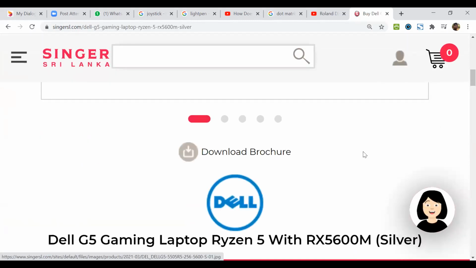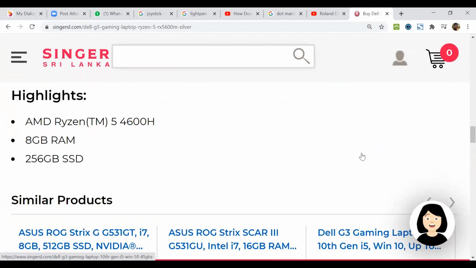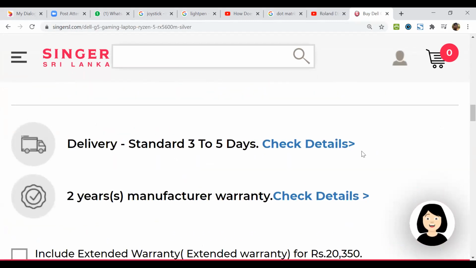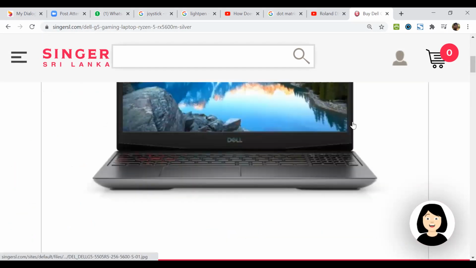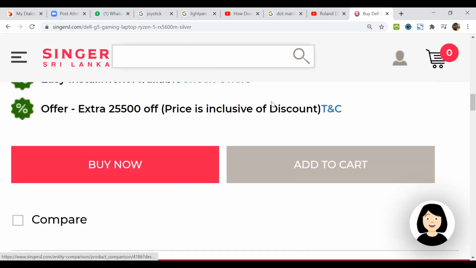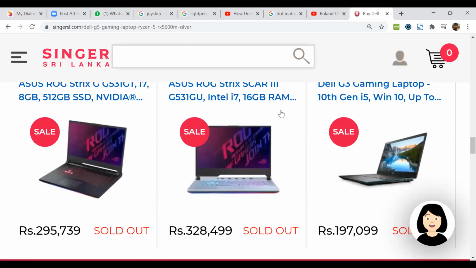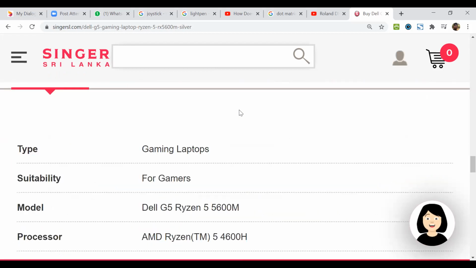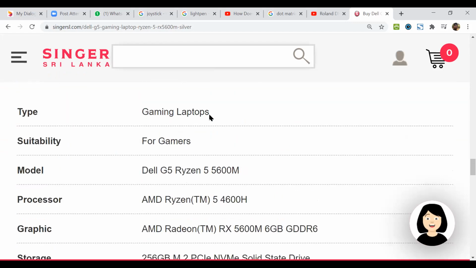And then if you go inside the specifications, let me see whether we could find them. Right, here we can see specifications. It's actually a gaming laptop, for the gamers.